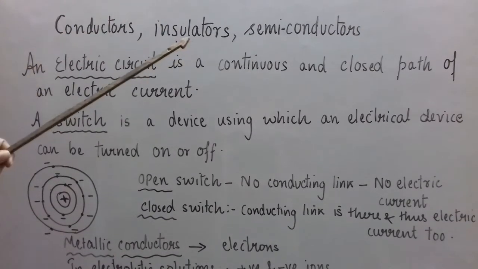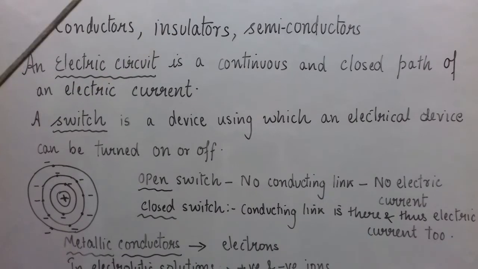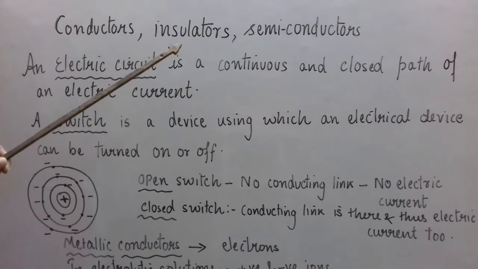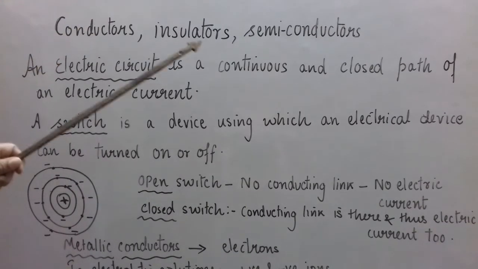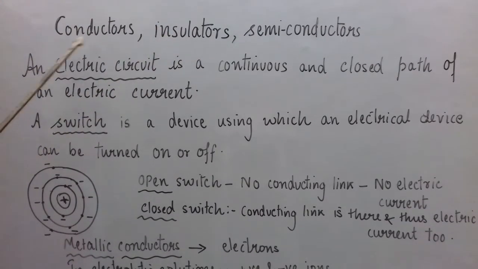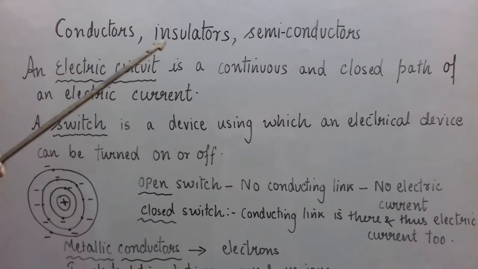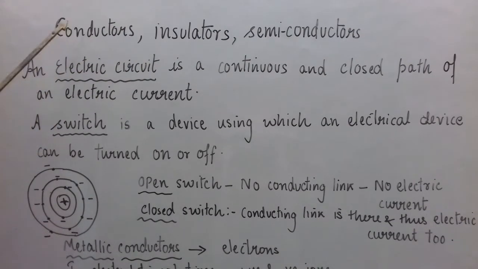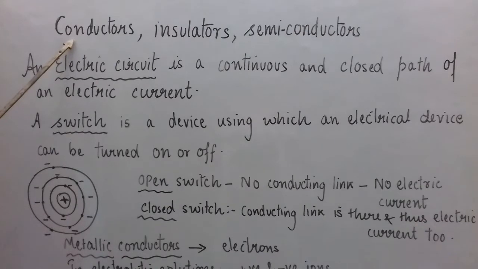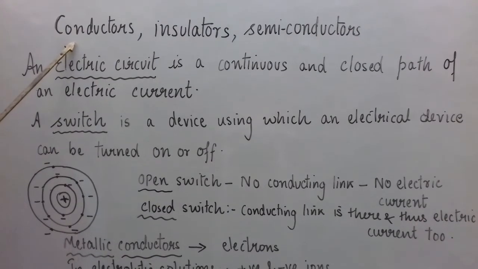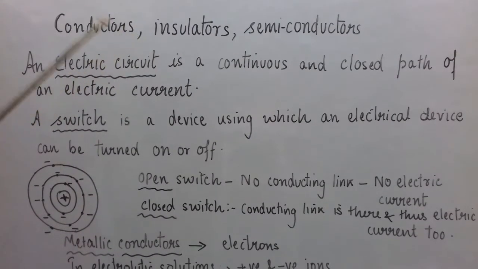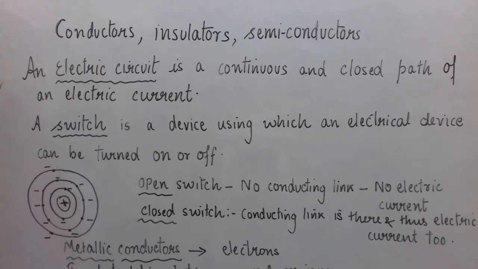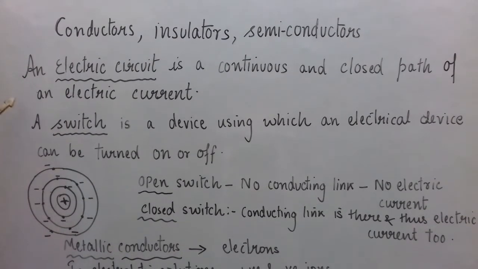It means they allow, but their opposition to the flow of current is more than that of conductors. Okay, so if we arrange them in the order of conductivities, which is the flow of electric current, conductors have maximum conductivity, next semiconductors and next insulators.